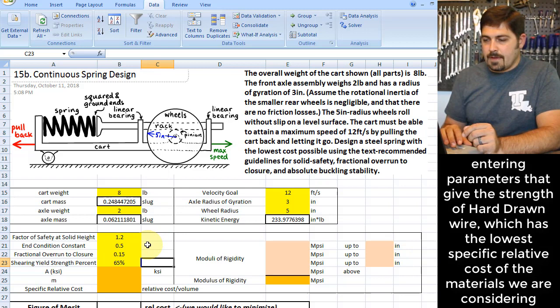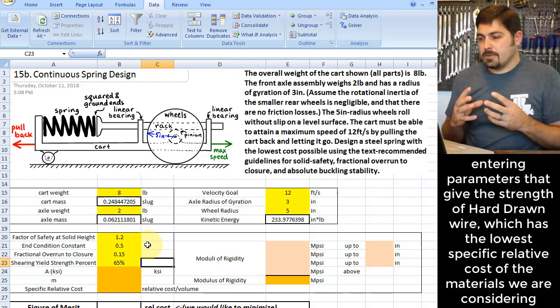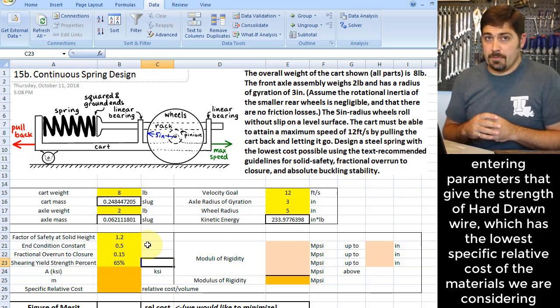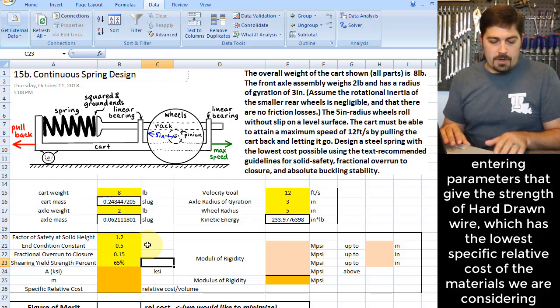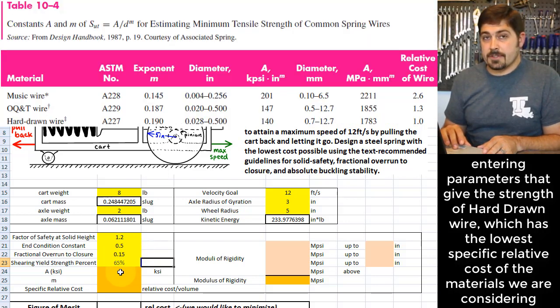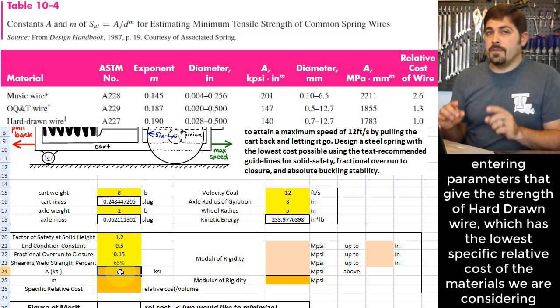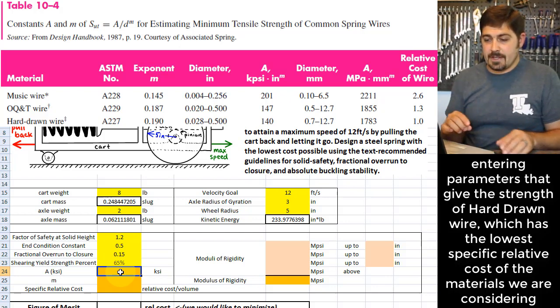All right. Now, we want to try to design this spring to be the lowest cost possible. One of the tables in the book gives various strengths of various kinds of materials. And so I'm going to go ahead and enter these values here for the cheapest of the materials in that table.